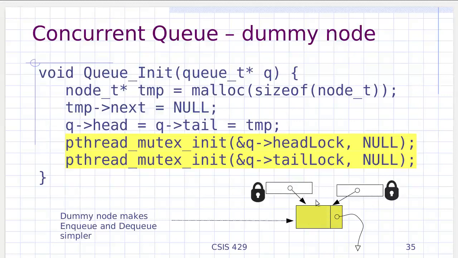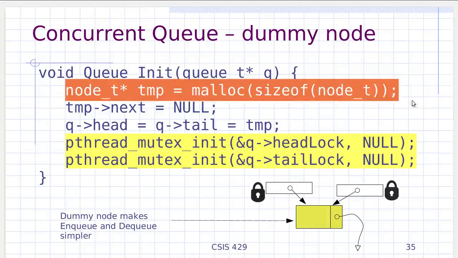That is, you create a dummy node. So when you initialize the list, you want to create a dummy node that both head and tail will point to. And if you know that head and tail point to the same thing, then that's the indication that the queue is actually empty. So you don't have a single thing in the list if they both point to the same node.